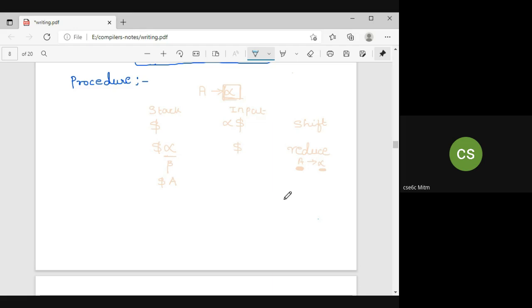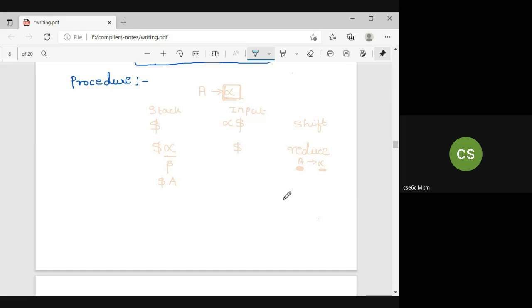Until the stack contains the start symbol and the input is empty.